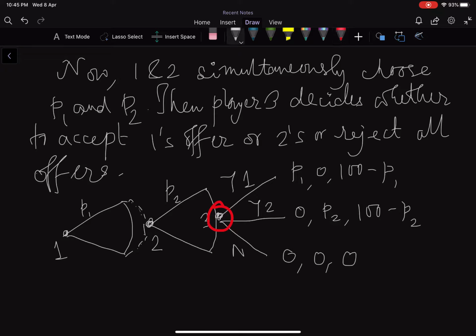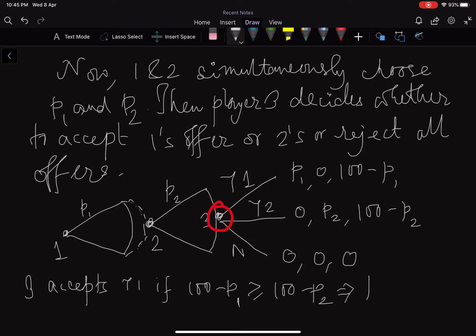We say that 3 accepts Y1 if 100 minus p1 is bigger than or equal to 100 minus p2, which is the same thing as saying p1 is less than or equal to p2. Basically this means that 3 accepts the offer of the person who is going to keep less money.